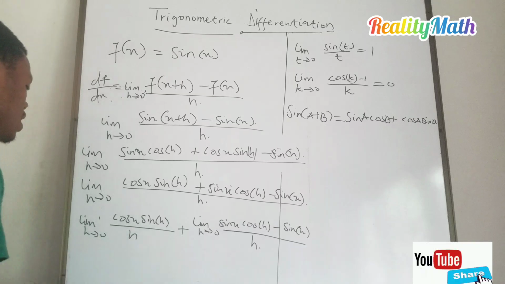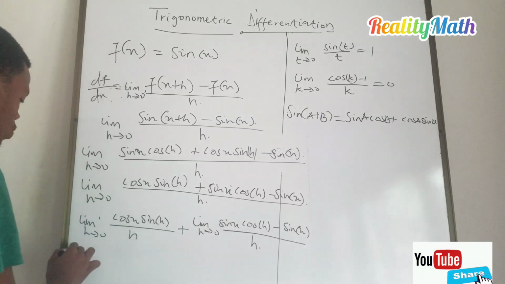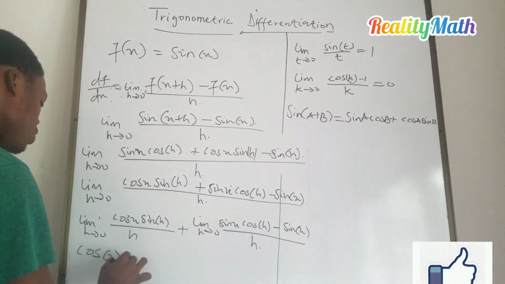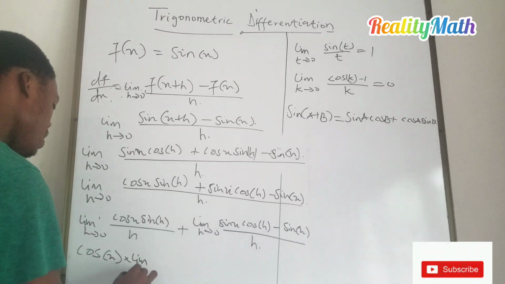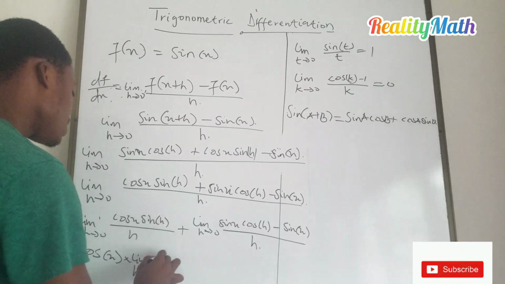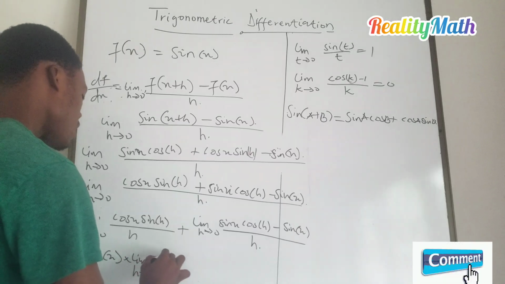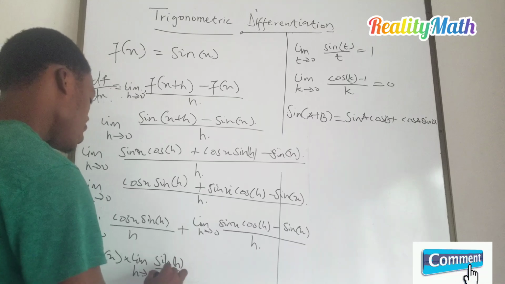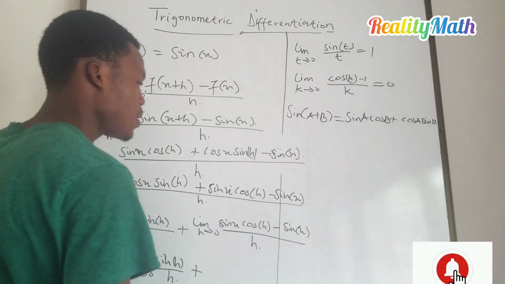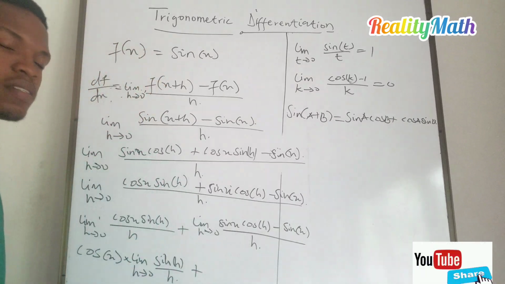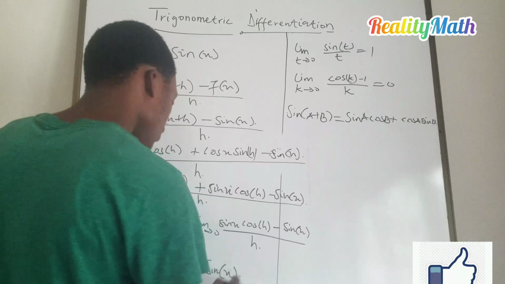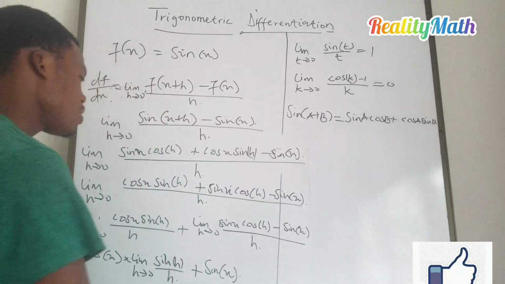So we have cos x times the limit as h approaching 0 of sine h over h. Plus, here too, let's factor out sine x.